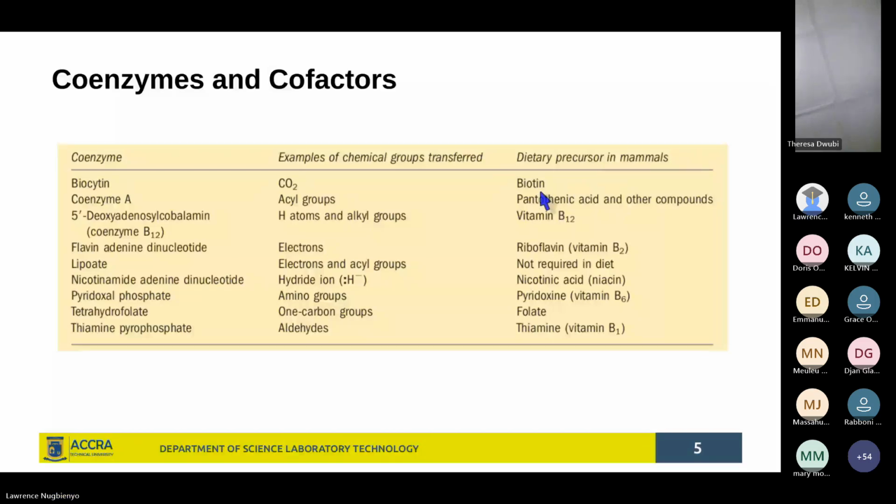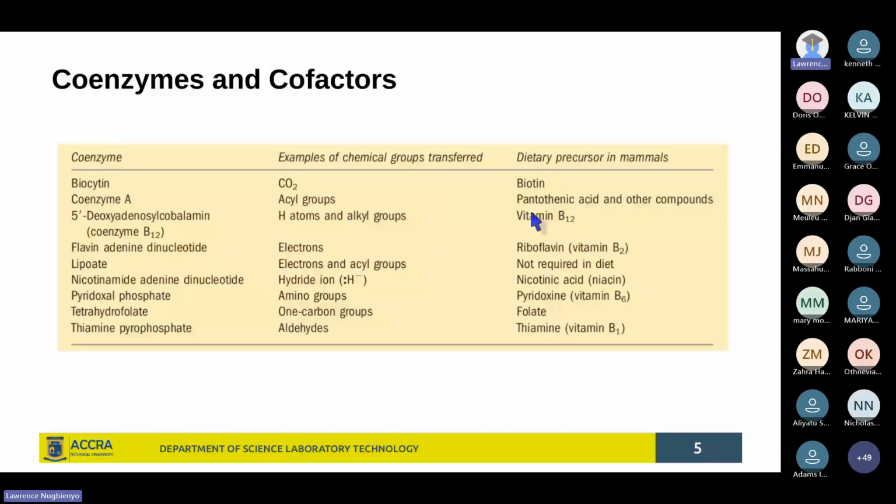So that we can actually say that what we see at the right-hand side is an inactive form of the coenzyme. So for instance, if you see biocytin, and we see on the right-hand side, which is biotin, biotin is an inactive form of biocytin.